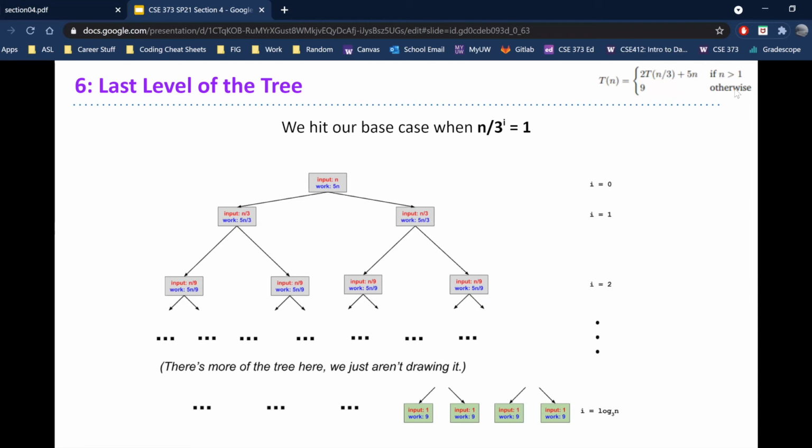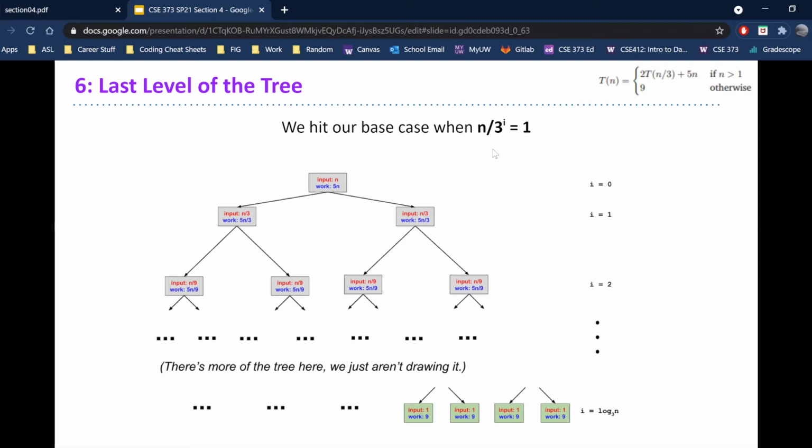The first time that we'll hit our base case is when n is less than or equal to 1. So we work with n equal to 1 as the first time we've hit our base case. The amount of work done at our base case is T of n equals 9.